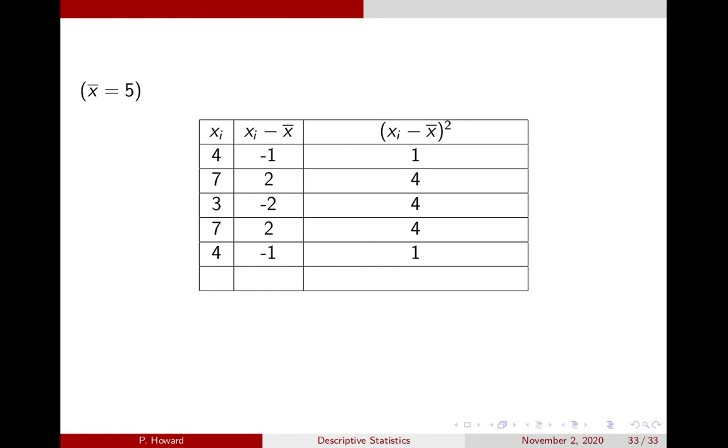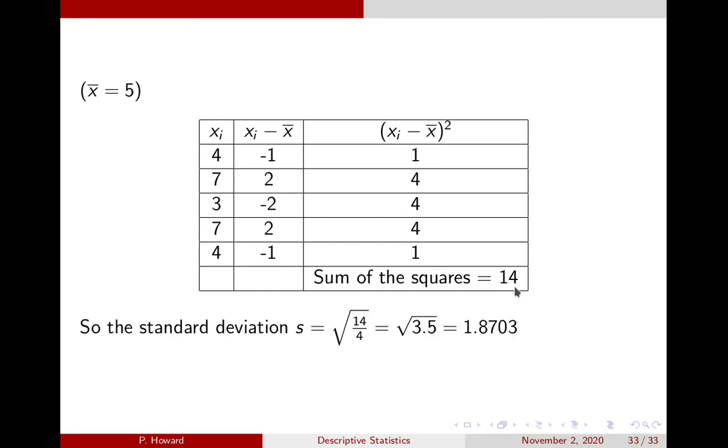So I have subtracted the mean from each number. I've squared the results. And now the next step is to add up the squares. The sum of the squares is 14. And now 2 more steps, which I've done all in one line here.